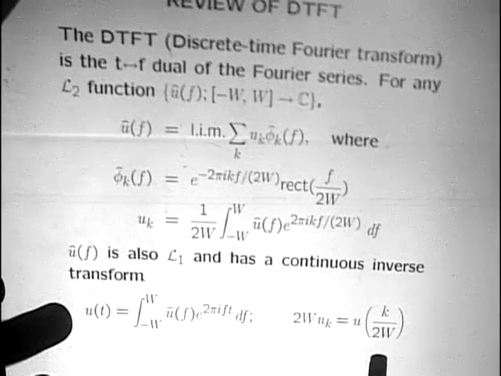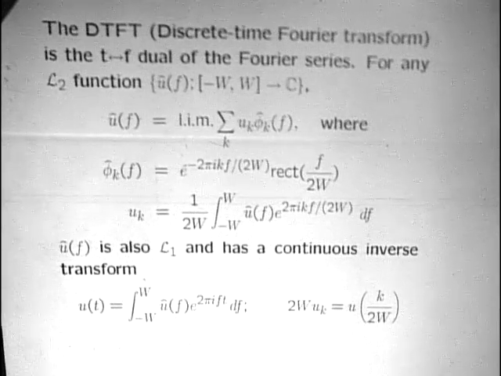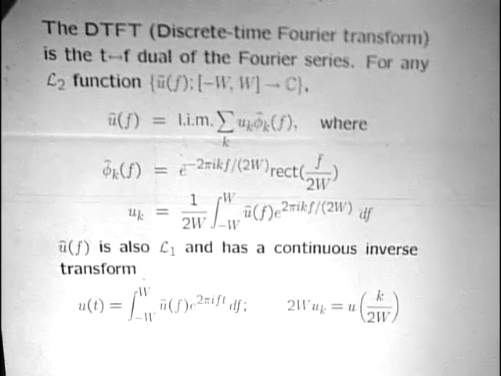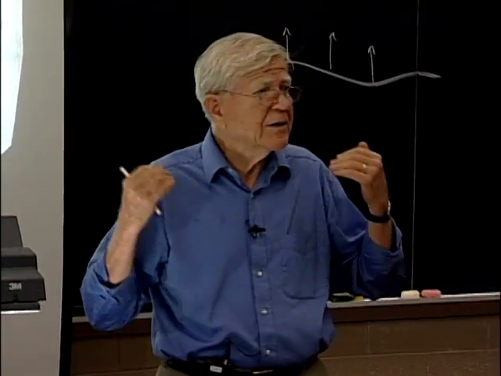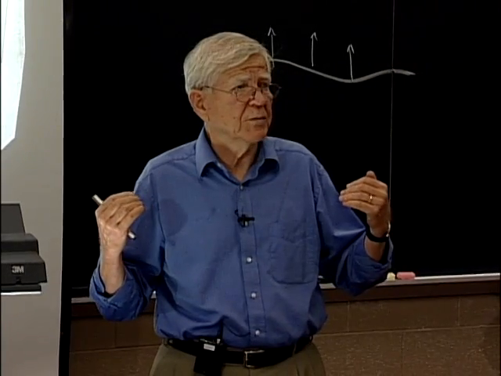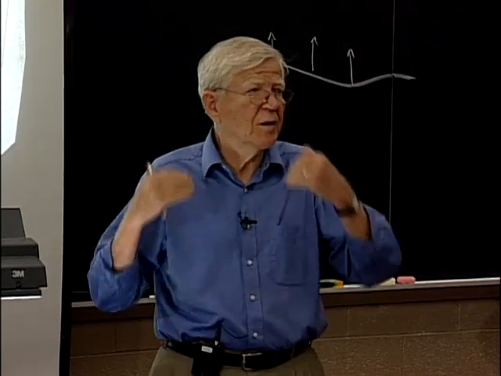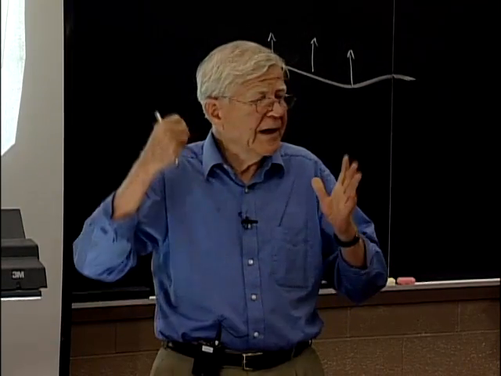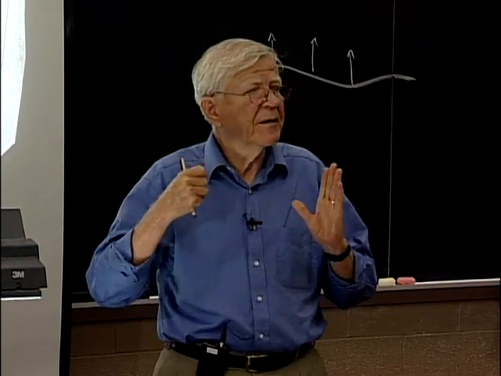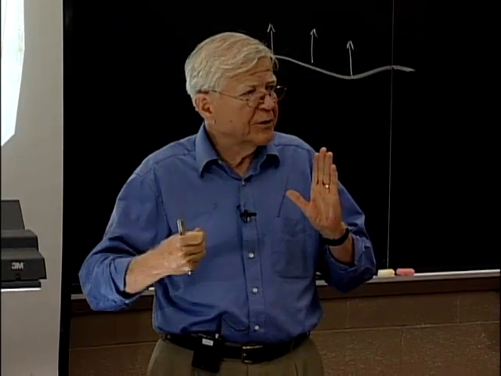Okay. And you already saw that when you looked at the Fourier series. When you looked at the Fourier series, you saw these coefficients which in fact look like the Fourier transform terms, and which in fact were the same as the Fourier transform except for a scale factor at some particular frequency.